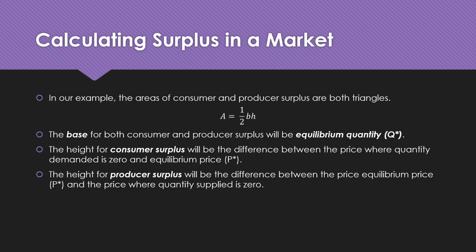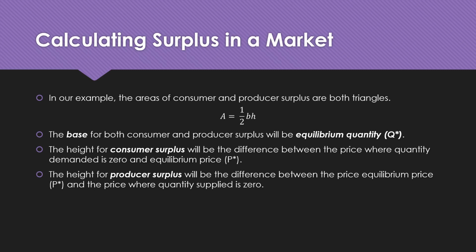So the price that corresponds with that is going to be the top part of the height. But then you have to subtract the bottom part, which is just going to be the price that's actually charged. In this case, it'll be the equilibrium price. So the difference between the intercept and P star times Q star times 1/2 is going to be the exact dollar amount of consumer surplus.